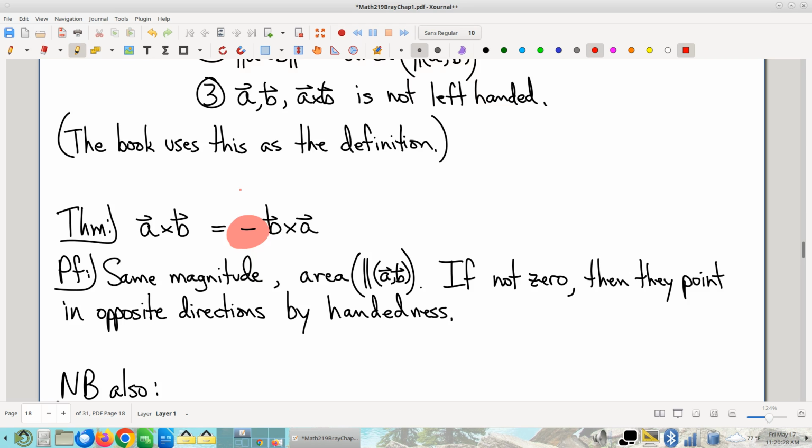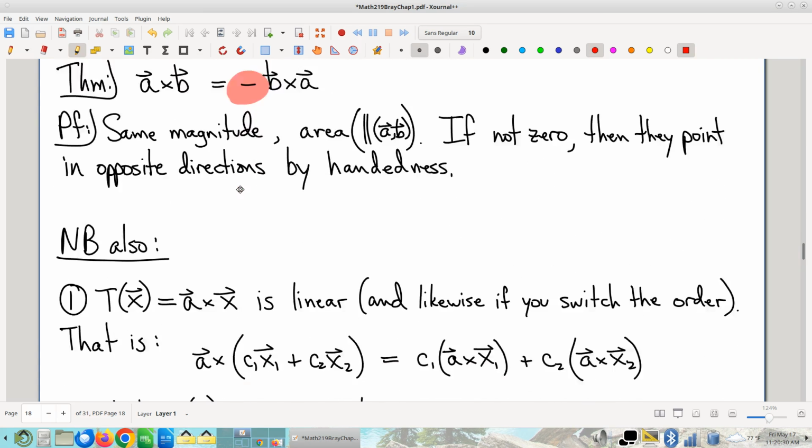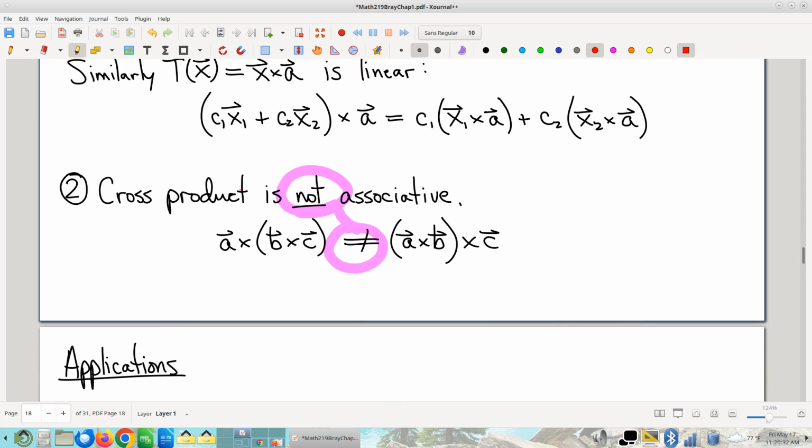It's just a minus sign. The reason cross product is not associative is not that simple. It's just not. It's not even close. There is no minus sign fixed to this. So no consolation prize on that.